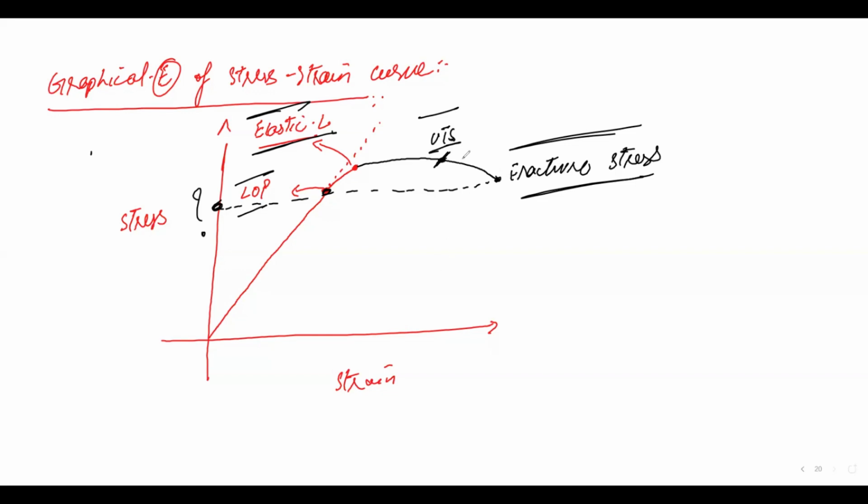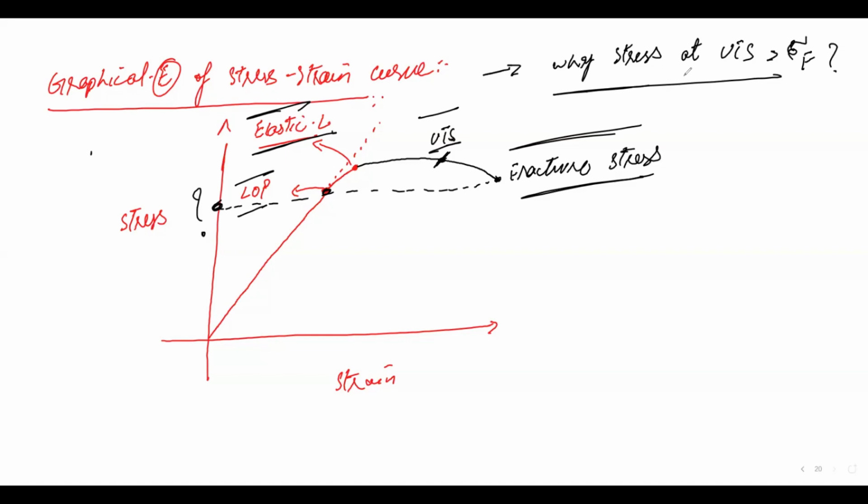Well, I'm just asking you why the stress at UTS is greater than the stress at the fracture of the solid? Because UTS is the point at which the object is enduring the maximum stress, and at the fracture stress, that maximum limit has been reached.